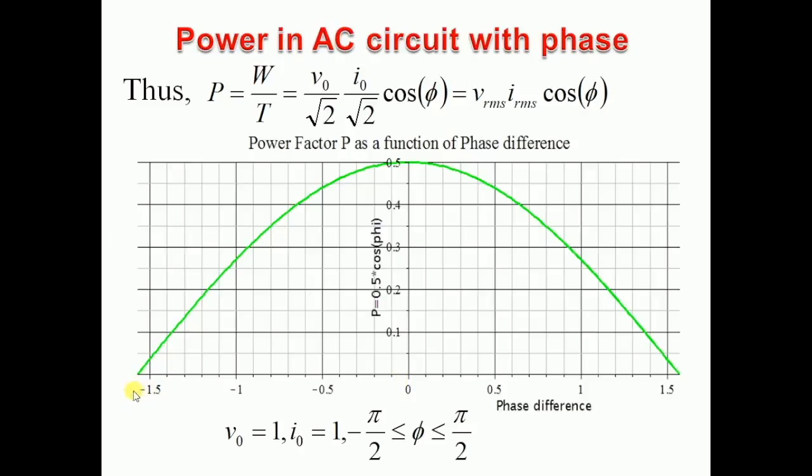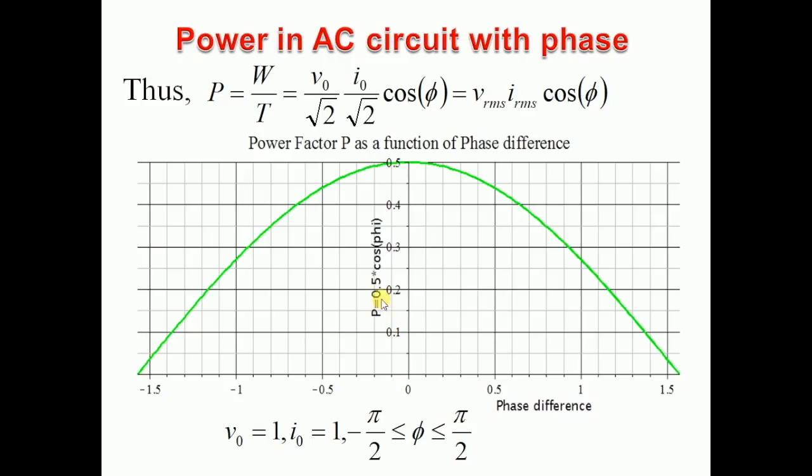Now if you would like to see the phase difference on the x-axis and power on the y-axis, here I shall pick V RMS equal to 1 and I RMS equal to 1. So the power will be simply cos of phi, and cos of phi is being plotted on this axis. Rather, if you select V0 equal to 1 and I0 equal to 1, then it will be 1 by 2 cos phi.